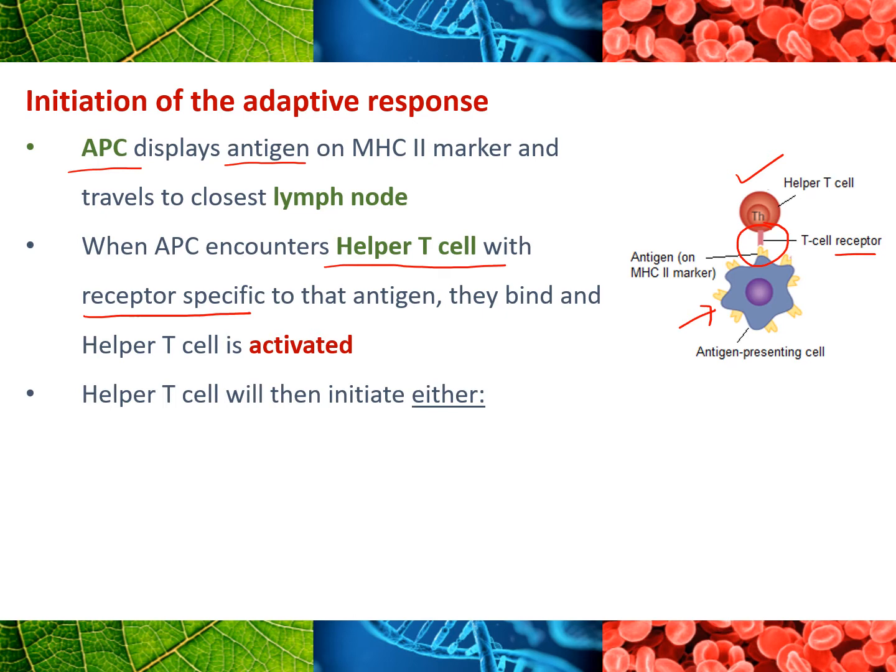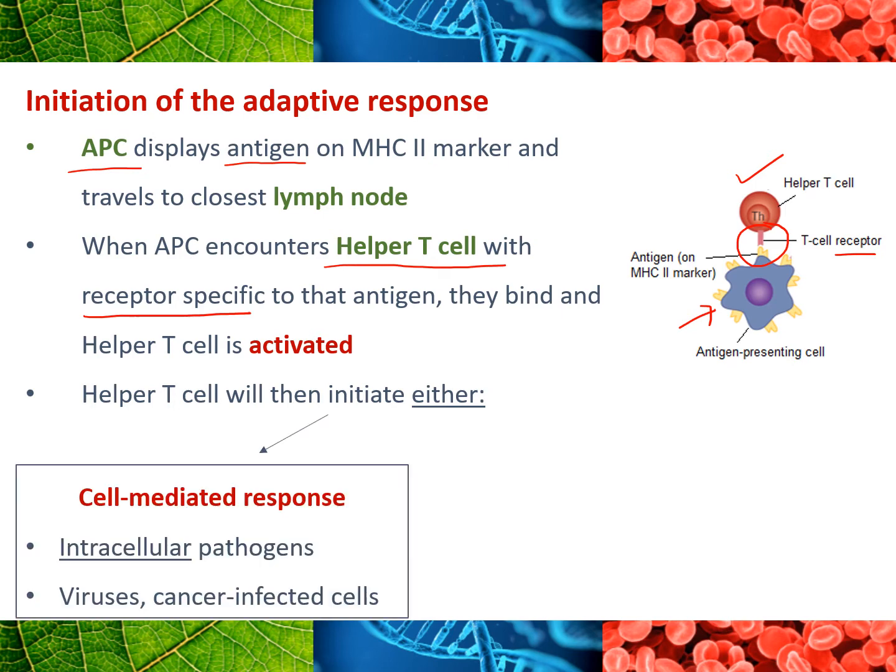That helper T cell will then coordinate or initiate one of those two responses that we mentioned before. So it might kick off the cell-mediated response, which is for intracellular pathogens, pathogens that are inside the cells. This is usually viruses. There are some intracellular bacteria and parasites, but usually we're talking about viruses here.